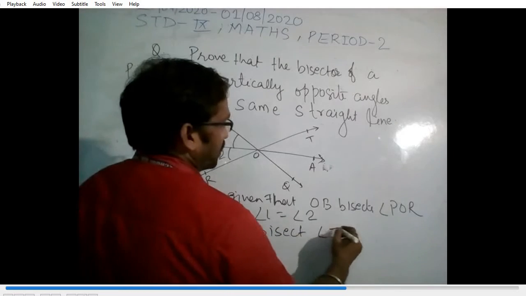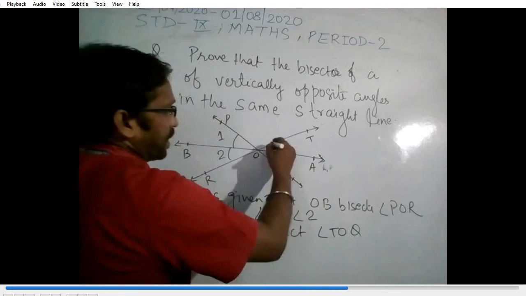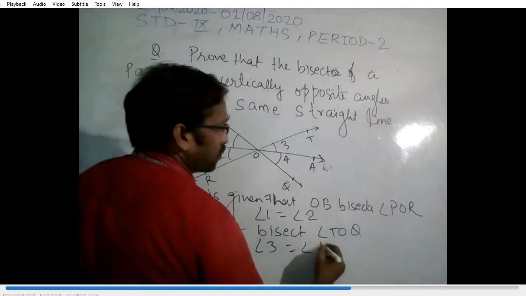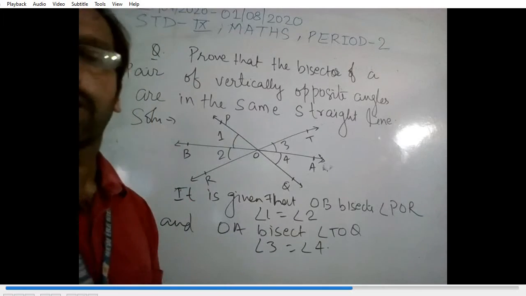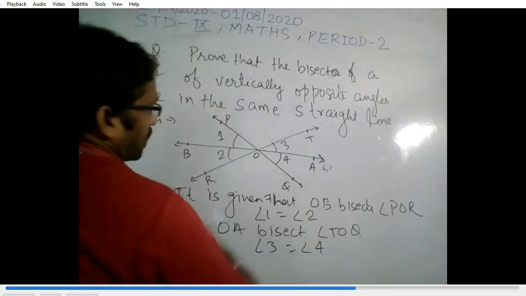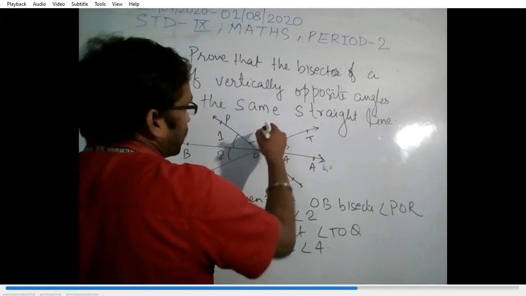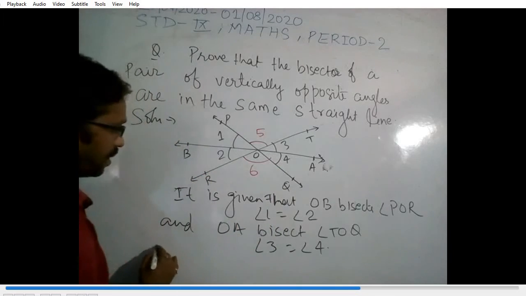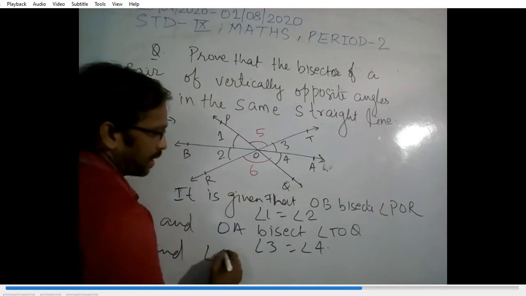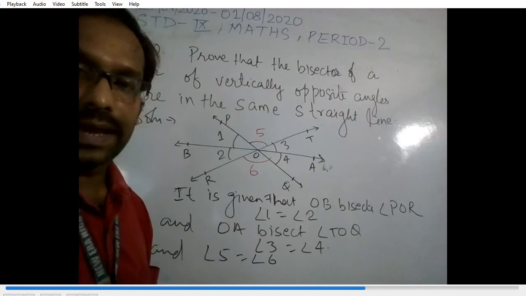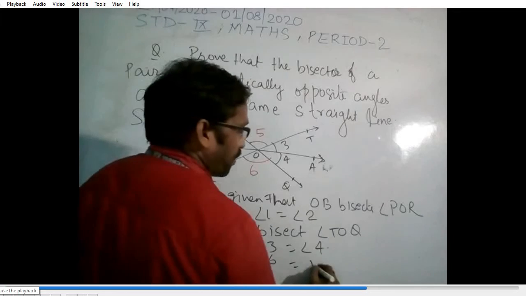OA bisects angle TOQ, that means angle 3 is equal to angle 4. And angle POT is equal to angle POQ because they are vertically opposite angles. So this is angle 5 and this is angle 6. These are the vertically opposite angles.